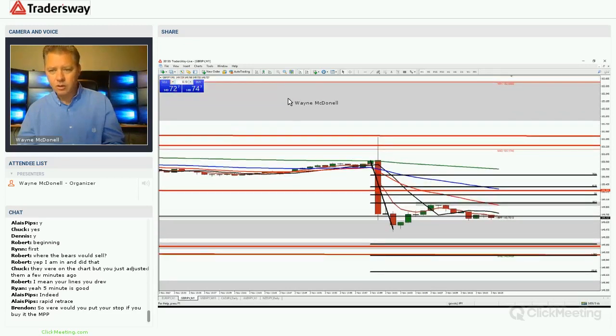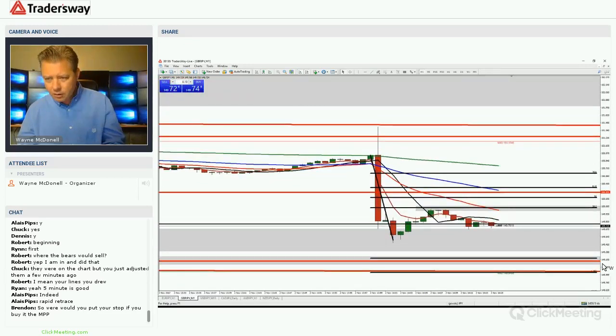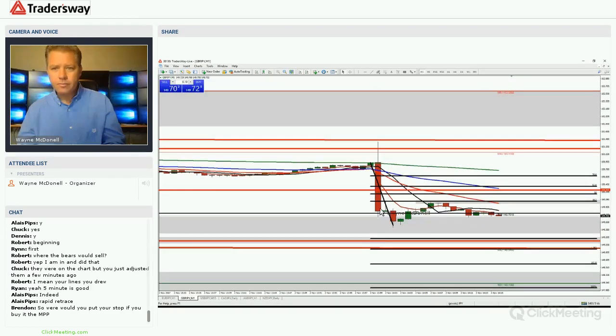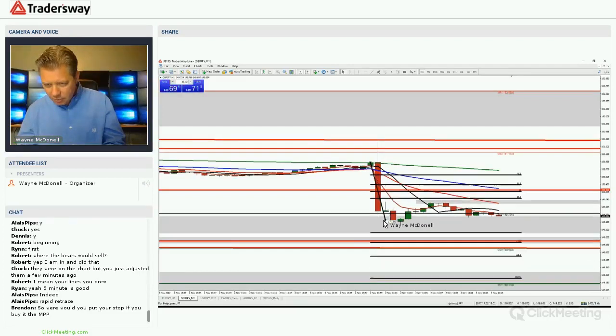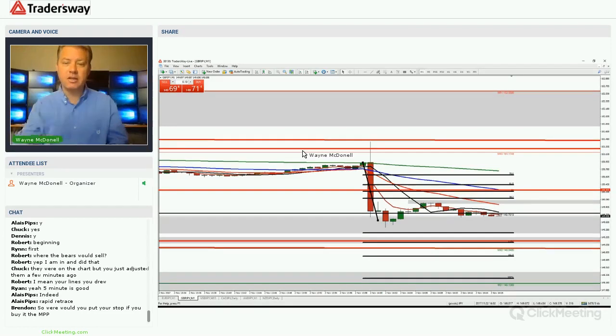I don't even see it anymore. I guess we'll get rid of this. There it is. 148.94. So 149. Okay. 149 is the most ideal place to catch a bounce.